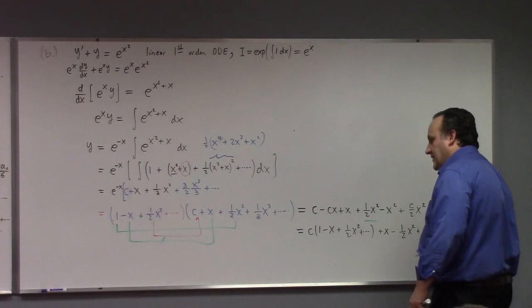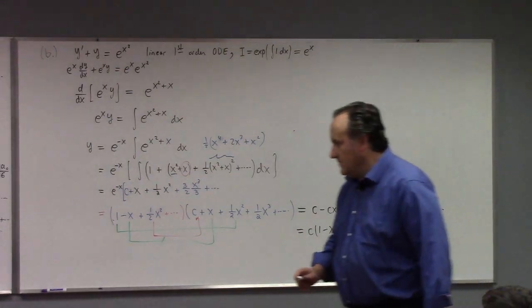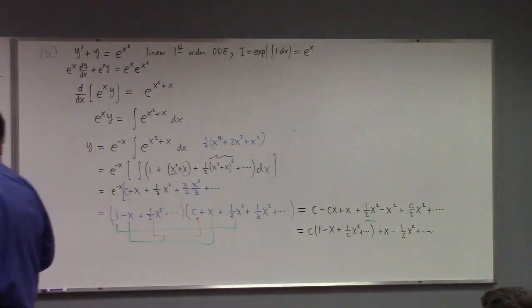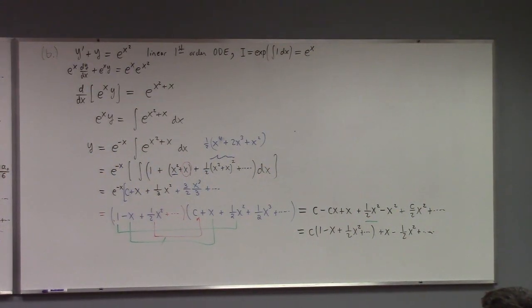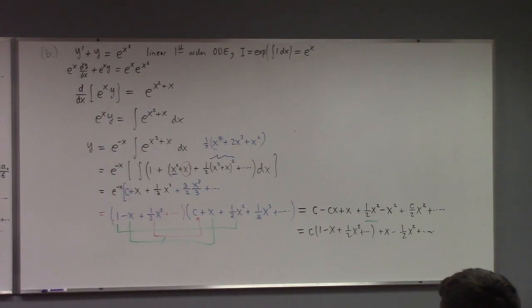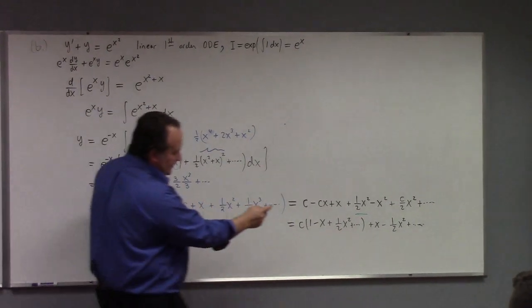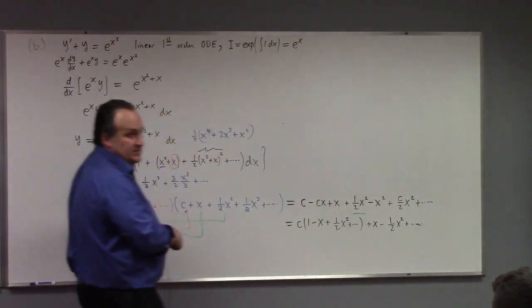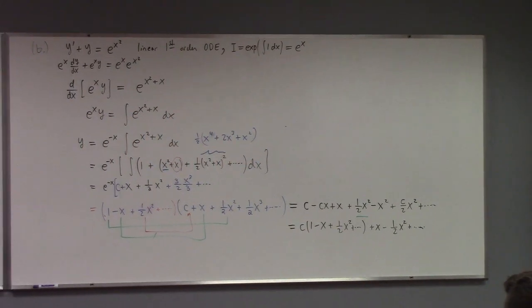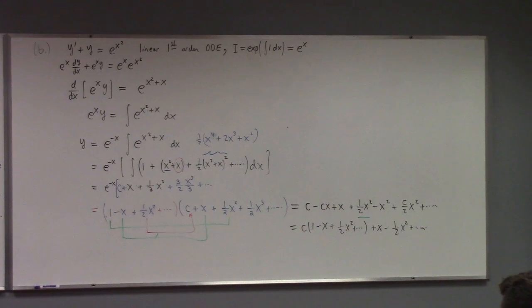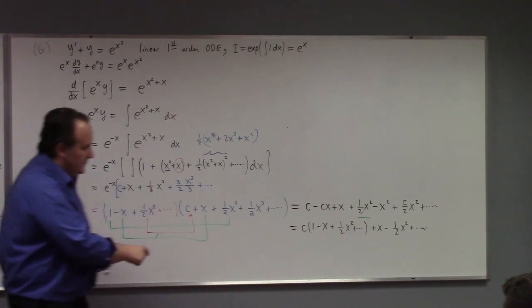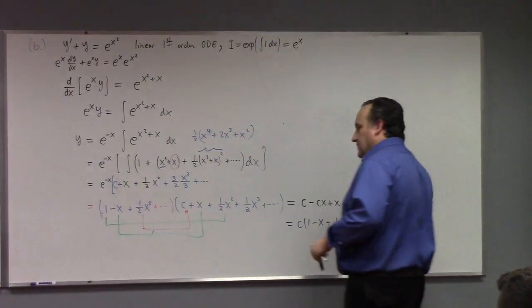Now, I'm afraid to look at my previous answer and compare. Well, look, the significance of the constant is that it's the a sub naught, right? Here I've got 1 minus x plus 1/2 x squared. Here I've got 1 minus x plus 1/2 x squared, right? And the nonhomogeneous term, I've got x minus x squared over 2. Check it out, right?